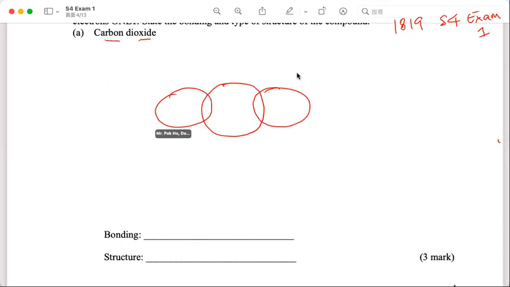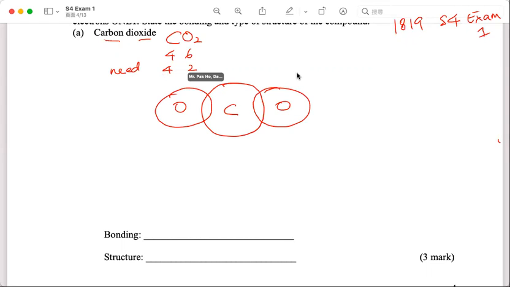In carbon dioxide, carbon should be placed in the middle, and the oxygens placed on either side. As carbon has 4 outer electrons, it needs 4 more, while oxygen has 6 electrons and needs 2 each.